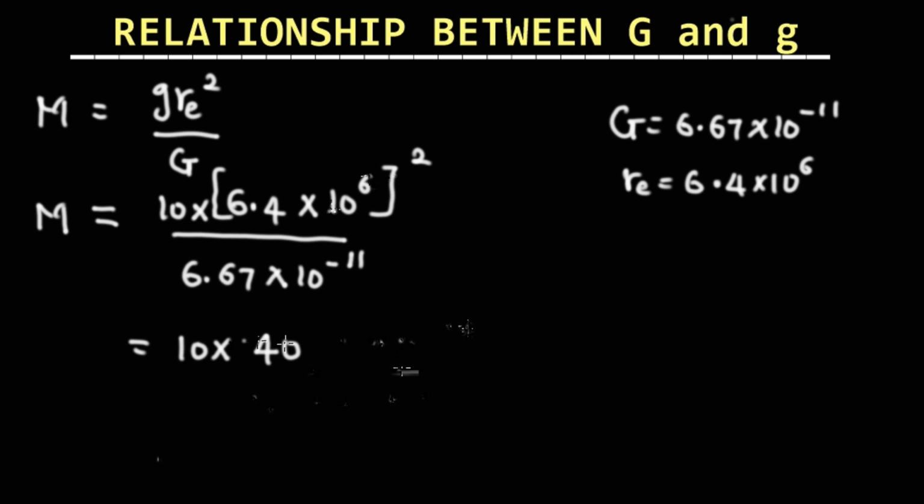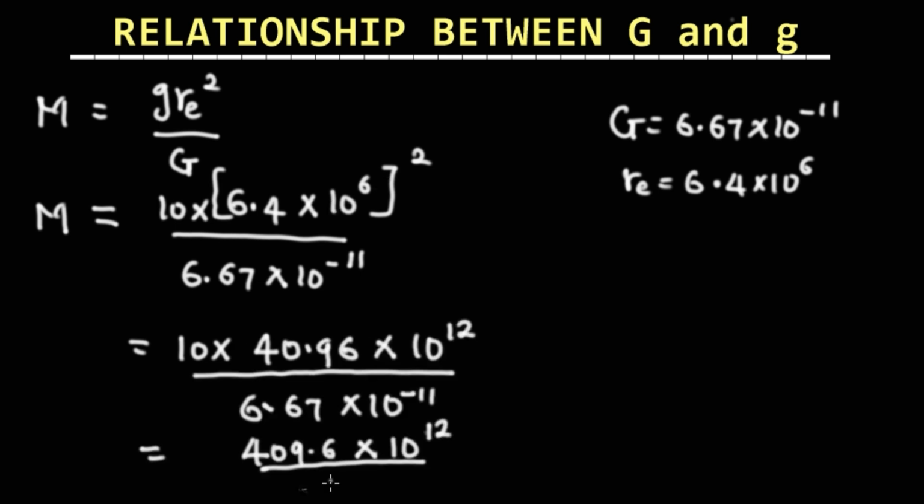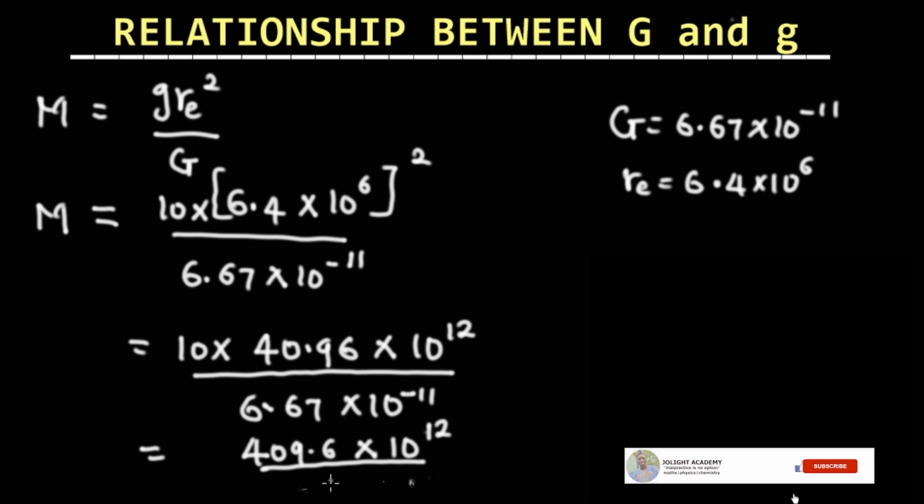On multiplying 10 by 40.96, we get 409.6 multiplied by 10 to the power 12 over 6.67 multiplied by 10 to the power negative 11. Now we cross to this other side.